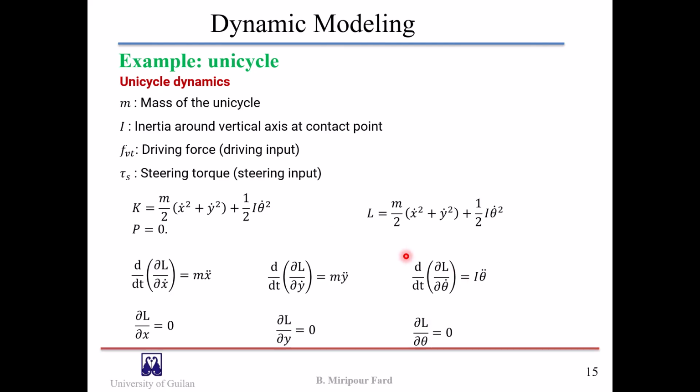We define physical parameters as you can see. M is the mass of the unicycle, I is the inertia around the vertical axis at the contact point, and F_Vt is the driving force, that is an input, and tau s is the steering torque, and that is another input.